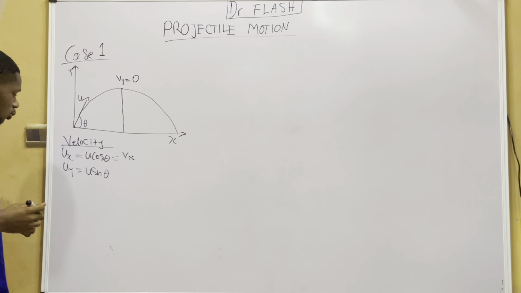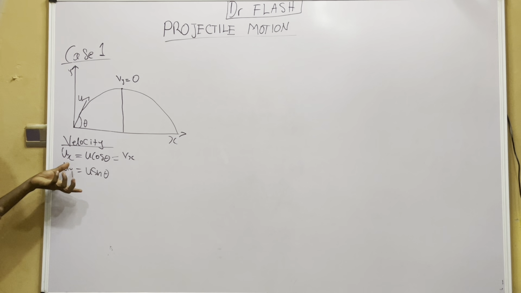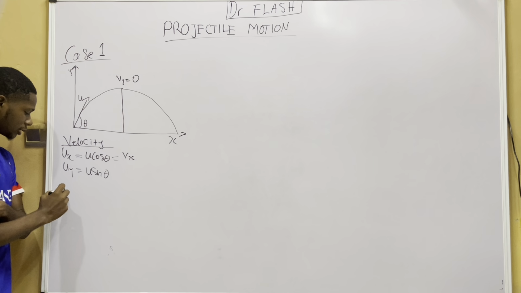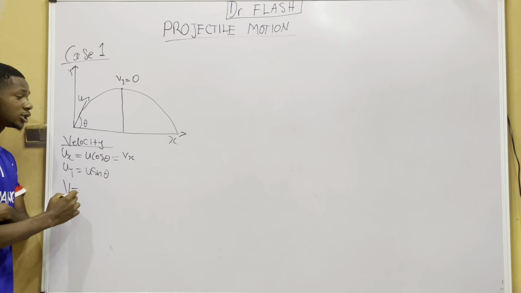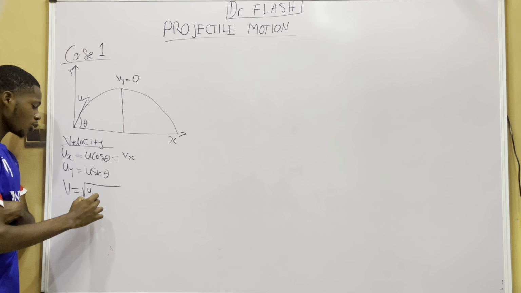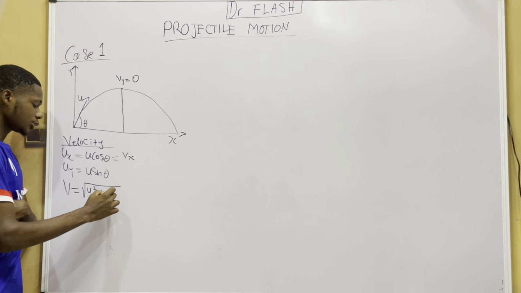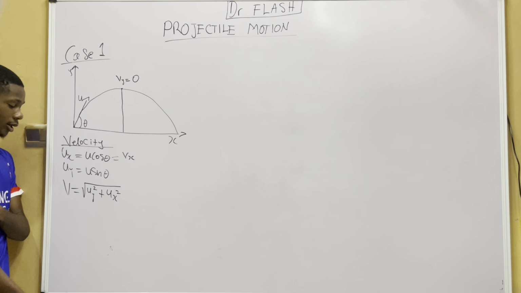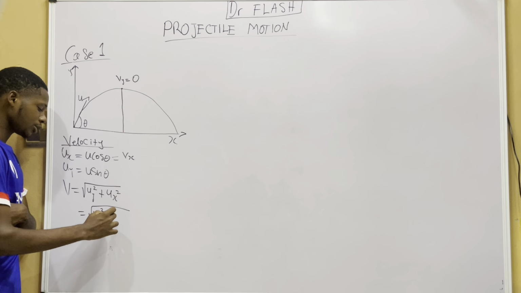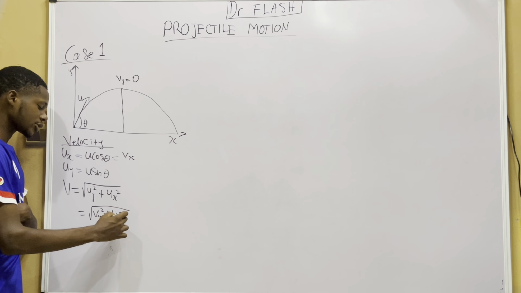Now, how about the total resolved velocity? What's going to be the total resolved velocity? The velocity V, which is the total component velocity, is always the square root of Uy squared plus Ux squared, or we could say it's equal to the square root of Vy squared plus Vx squared.